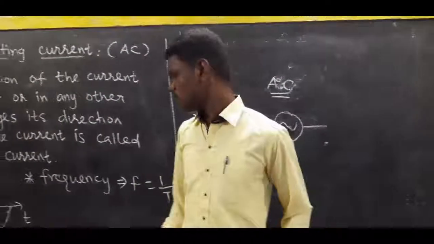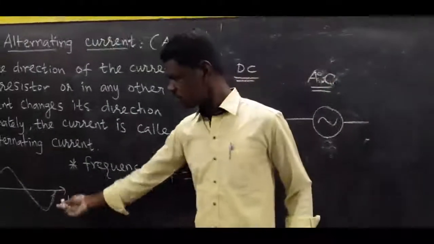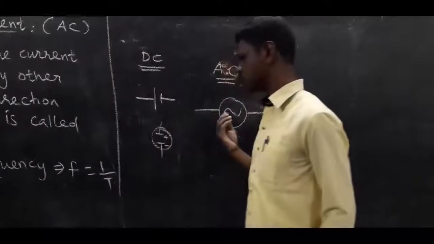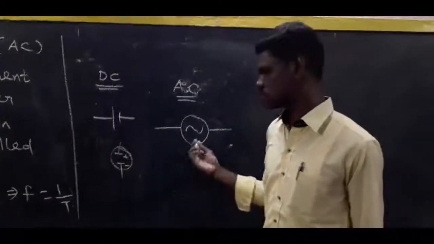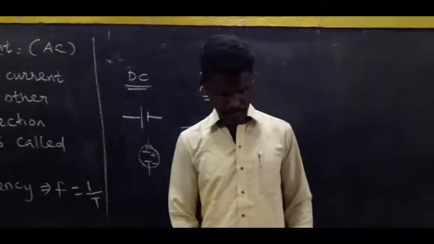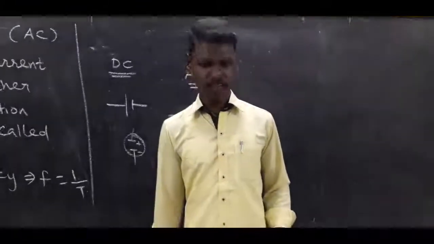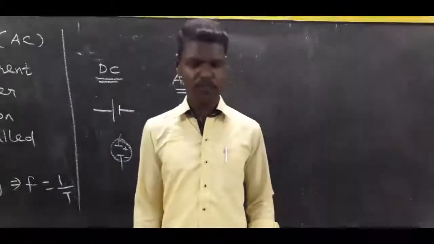Now, this is the wave diagram and the symbol of AC. Domestic supply is in the form of AC.